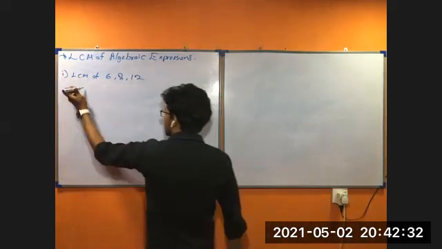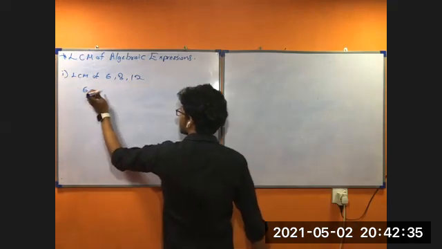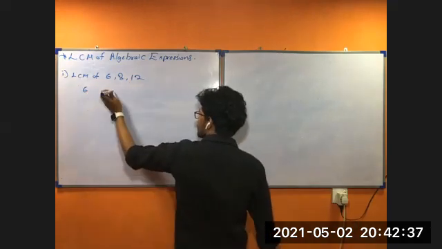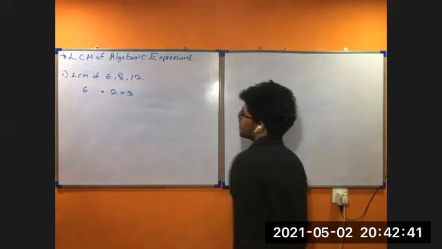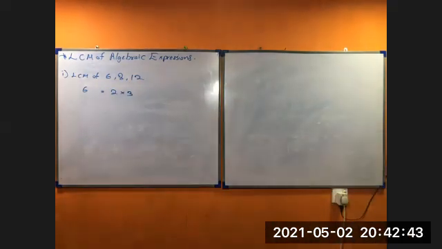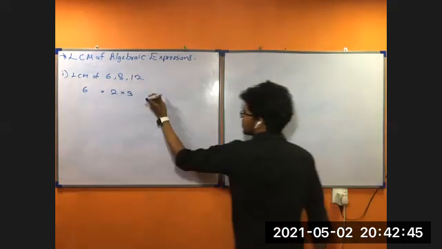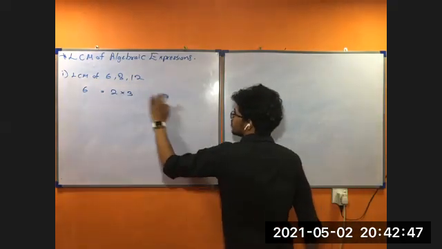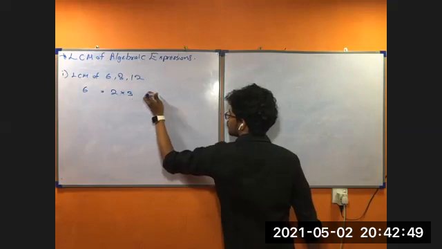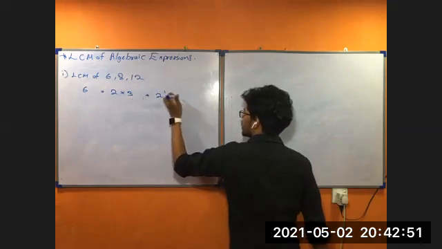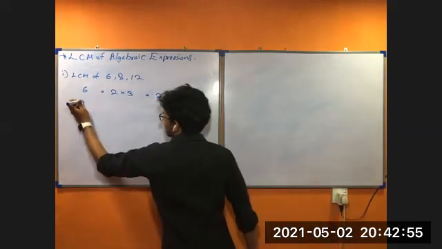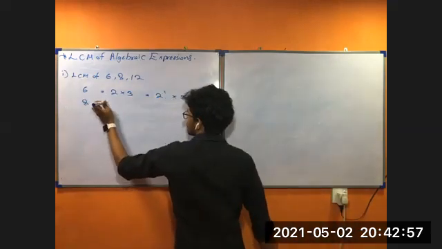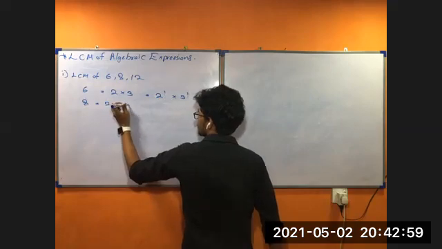So you know, 6 can be written as factors, right? So here factors are coming into play. So it is going to be 2 into 3, right? So 6 you can make by 2 into 3, which means 2 to the power 1 multiplied by 3 to the power 1. Then 8. 8 can be written as 2 times 2, 4 times 2, right?